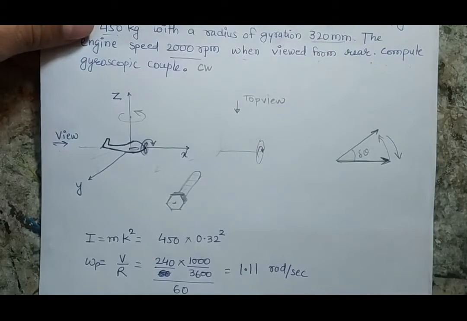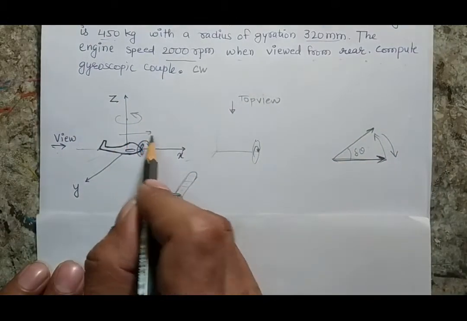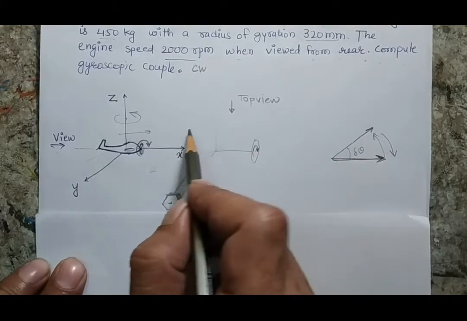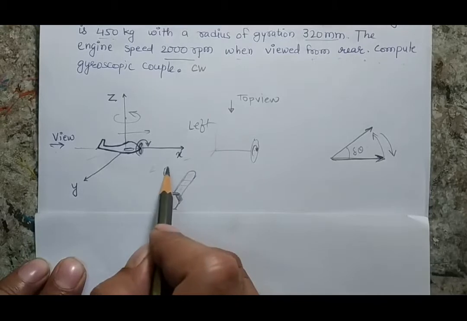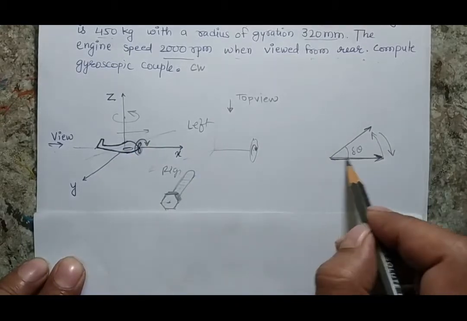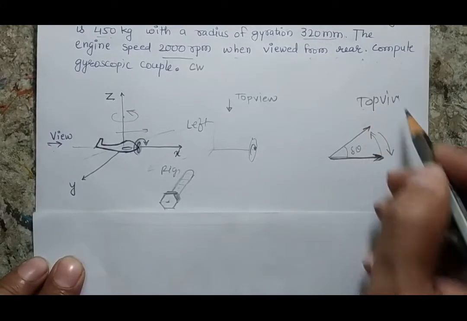So now suppose my plane is moving in this way, and I want to turn the plane towards the left. It means if this is my forward direction, this will be my left direction, this will be my right. So the plane will try to turn in this way. So this is my angular velocity vector initially. This is the top view, this is a 2D plane.